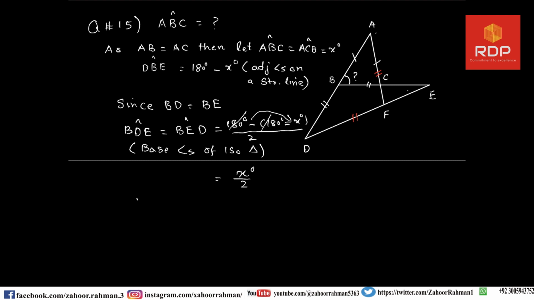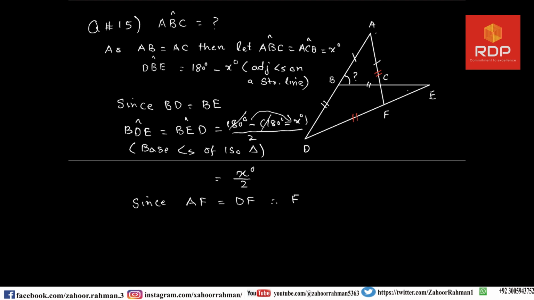Now let's move. Since AF is equal to DF, AF is equal to DF, those two red equal signs are equal, it is given in the question. Then what can we conclude?